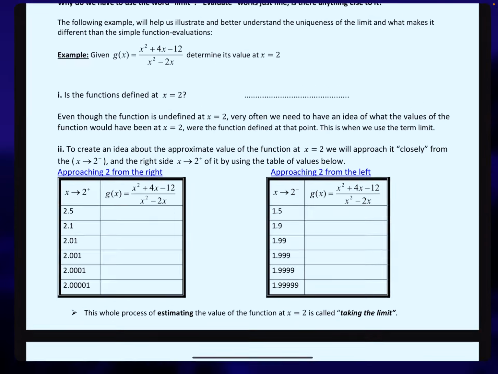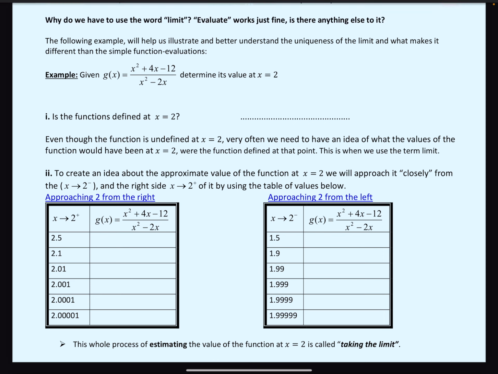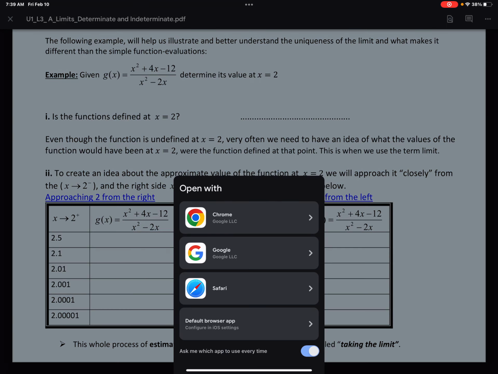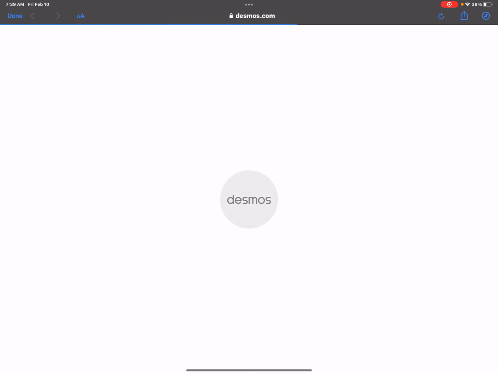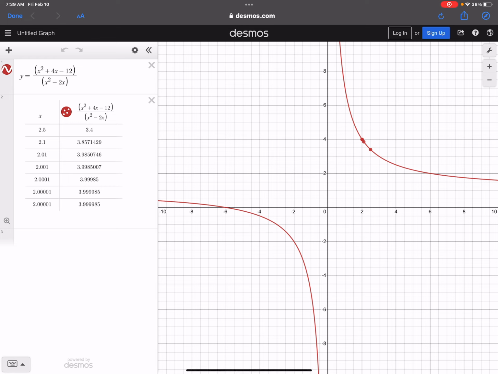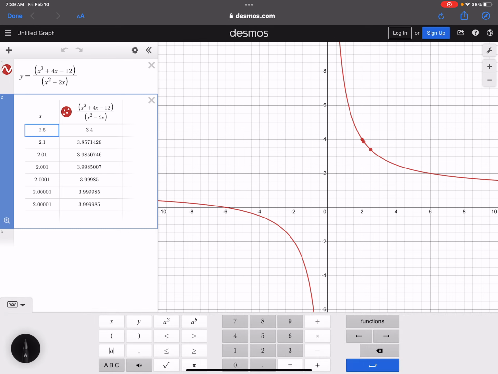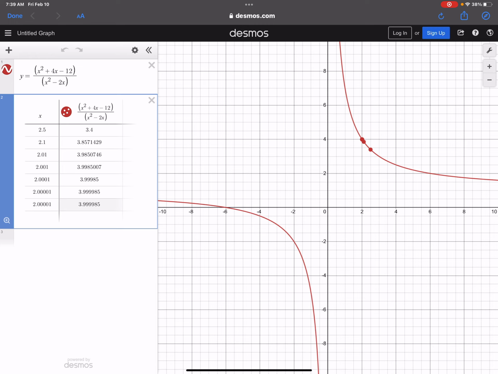So I'm going to bring in the Desmos chart. I prepared this on Desmos, so let's take a look at it. It's faster. When we approach x equals 2 from the right-hand side, as an example here, I took 2.5, 2.1, and you see how the values of y start stabilizing, and as we get very, very close to x equals 2 from the right, the value of y becomes 3.999.